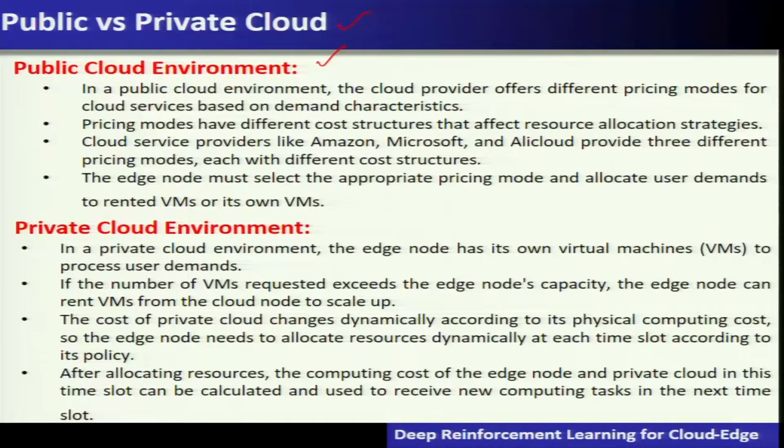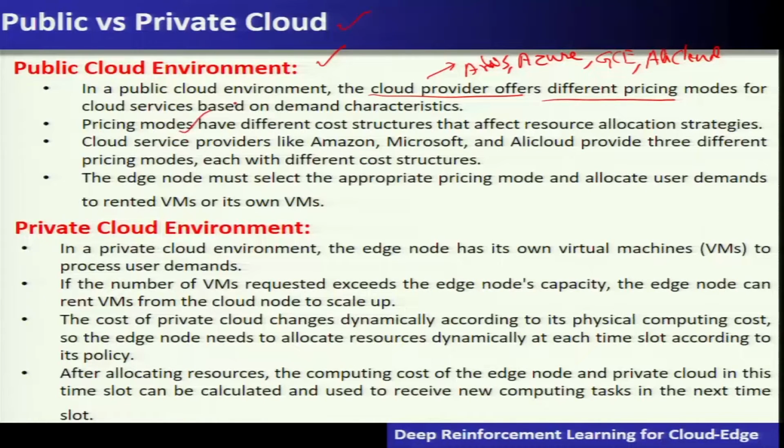The public cloud comes as an offering from different cloud providers, examples we have already mentioned, like Amazon AWS, Microsoft cloud called Azure, Google Cloud Engine, and Ali Cloud. There are different types of cloud providers and cloud services available, and they often offer different pricing modes for providing these cloud services with on-demand characteristics.